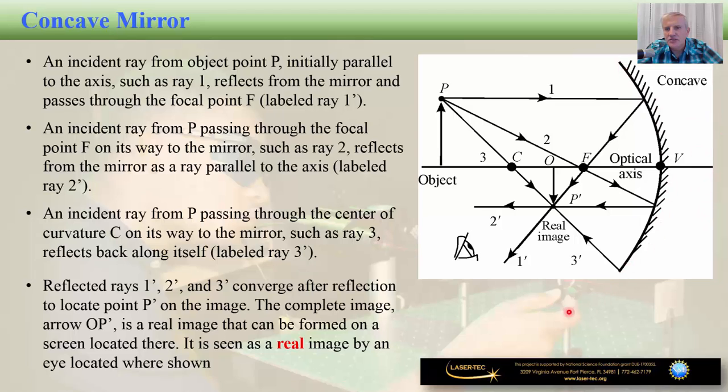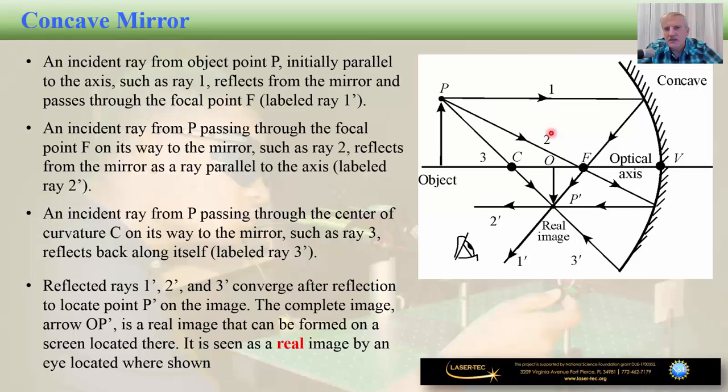And again, our assumption is that the object is positioned on the left relative to the concave mirror. And we want to figure out, if this object is located at this location as shown, where is the mirror image going to appear in the case of a concave mirror. We are going to analyze 3 distinct light rays that are labeled here as light ray 1, light ray 2, and finally light ray 3.